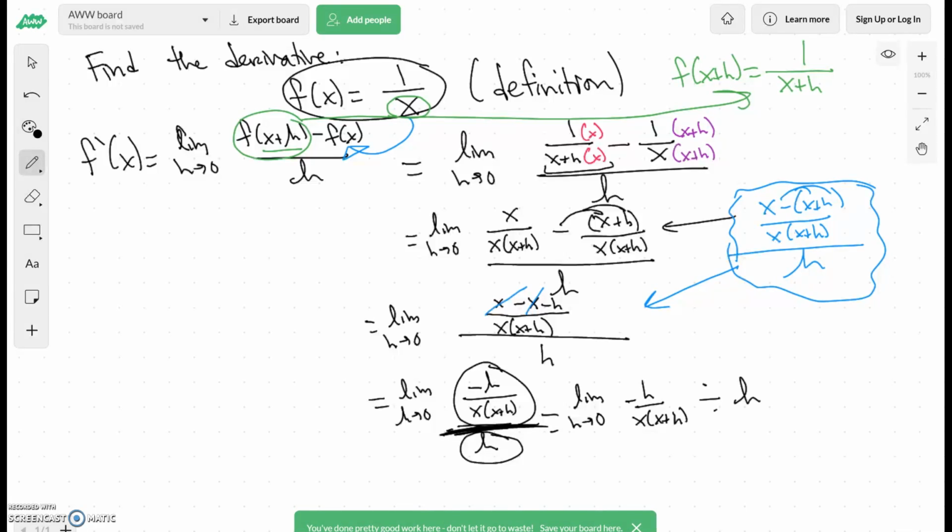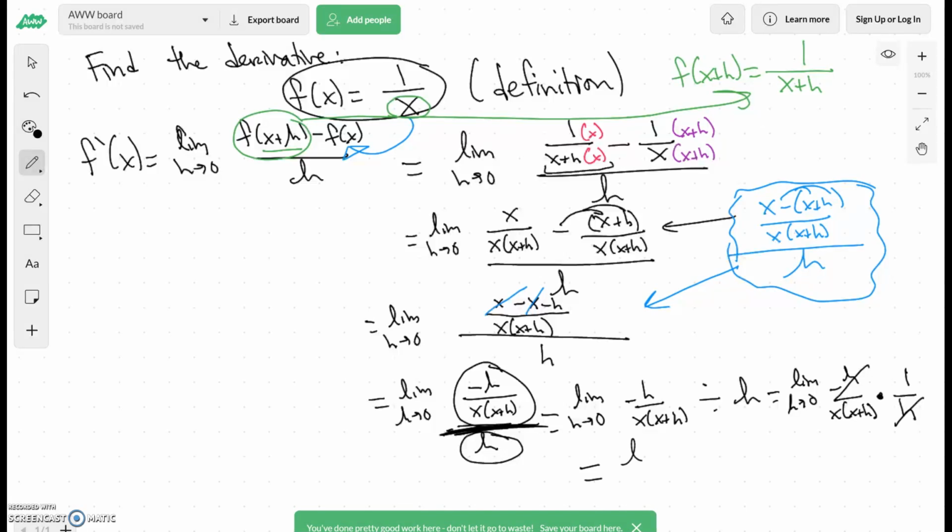Now when we're dividing fractions like this, remember that we are going to do the following. Okay, so we're going to keep the first one, this negative h over x plus h. And now what I'm going to do, this changed to multiplication, and now I'm going to flip the h to 1 over h. And now you see that the h's are just going to cancel out.